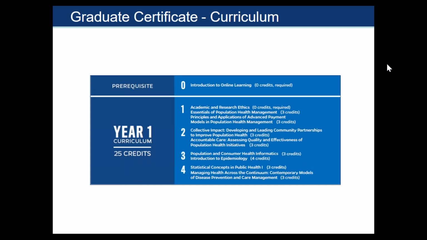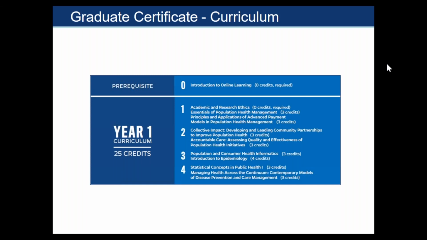But the true coursework is built around the essentials of population health management, a course that really gives you a broad overview of essentially what you're going to be learning for the entirety of the program, but helps you just get a sense of the various aspects of population health and population health management.